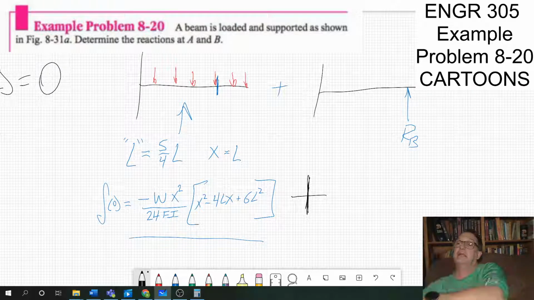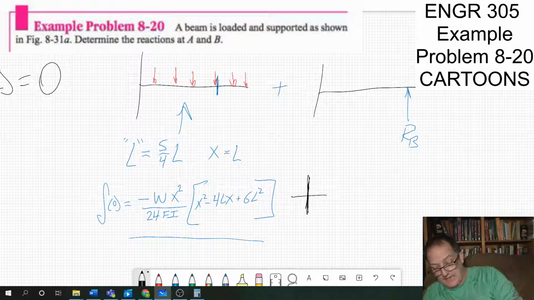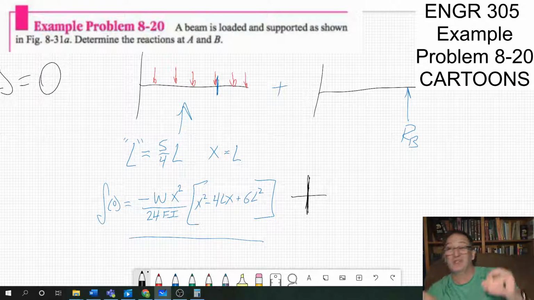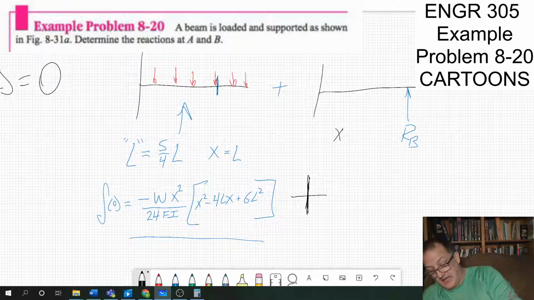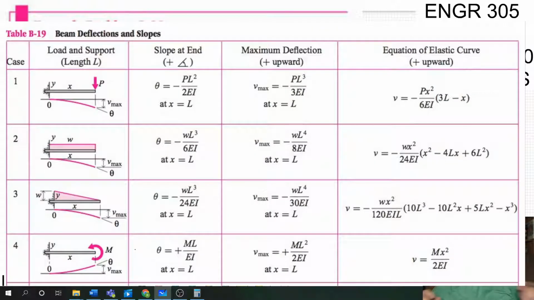And then I'm going to put a giant plus. Now here's the cantilever beam section. For the cantilever beam, I'm looking at the distance L away, so this X is equal to L. I can just look at the maximum deflection, and now I've got to be careful: minus PL cubed over 3EI. But my force is going up, so my deflection's the other way, so it's actually plus PL cubed over 3EI.